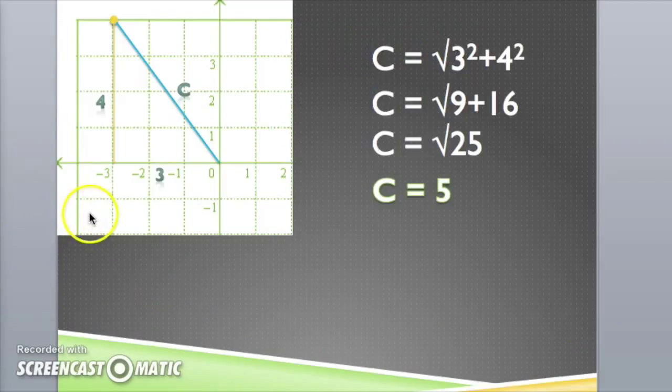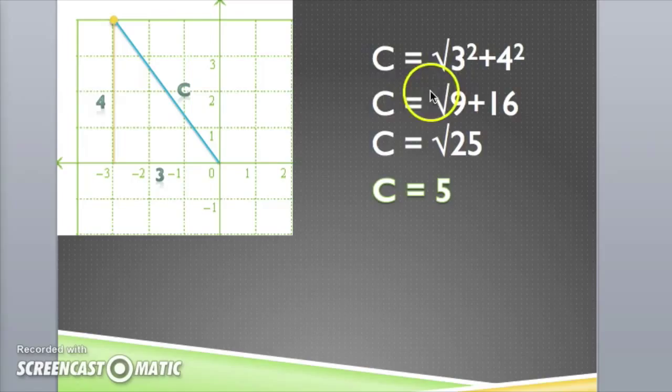First of all, we located our point that was minus 3, 4. Here it is. Then for calculating the distance, which we called C, we are going to use the Pythagorean theorem, and our equation is C equals the square root of 3 squared plus 4 squared.